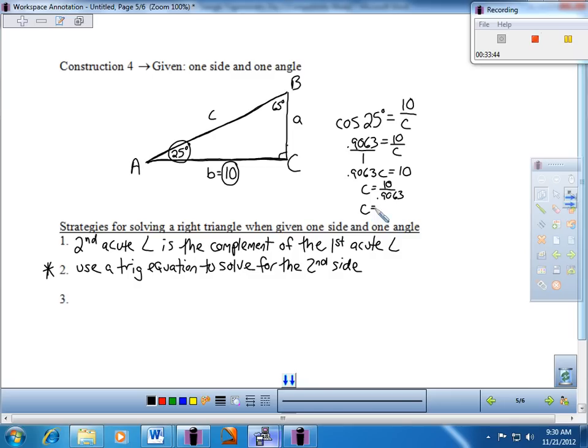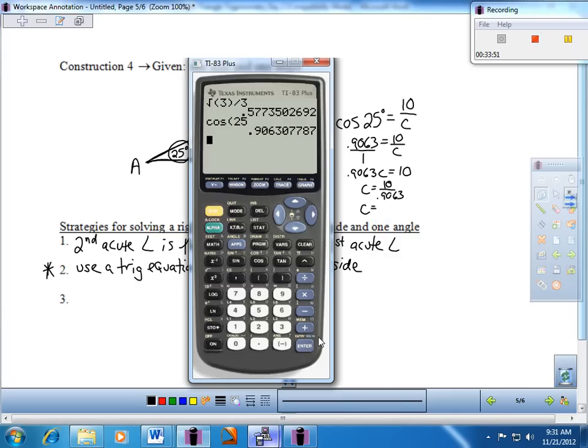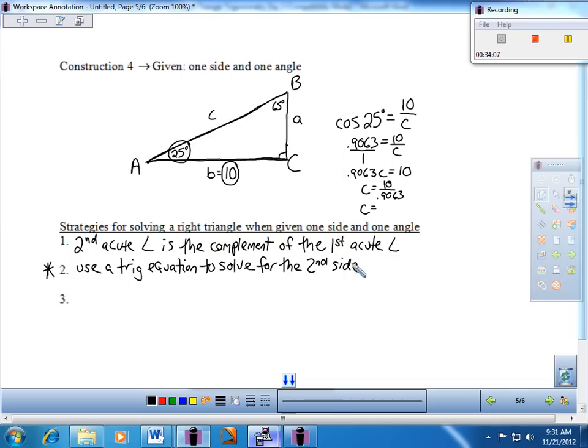I'm going to go ahead and do that just to make sure we have everything squared away there. And so for me, 10 divided by 0.9063 is equal to that right there. And again, we're not going to go 4 decimal places on this, so about 11, just over 11. And that would be the length of the hypotenuse.